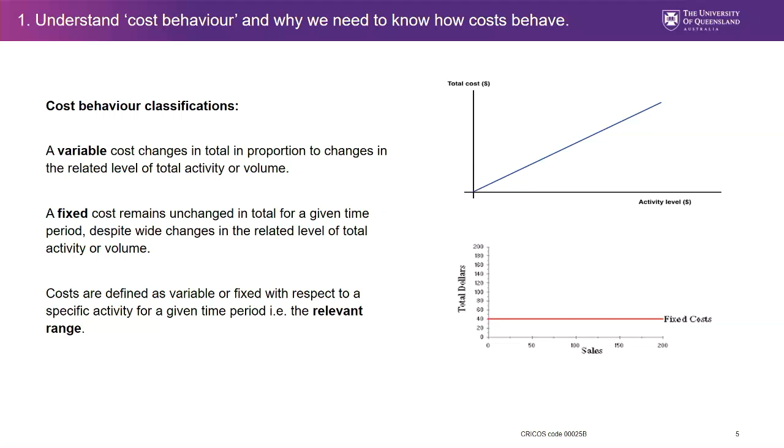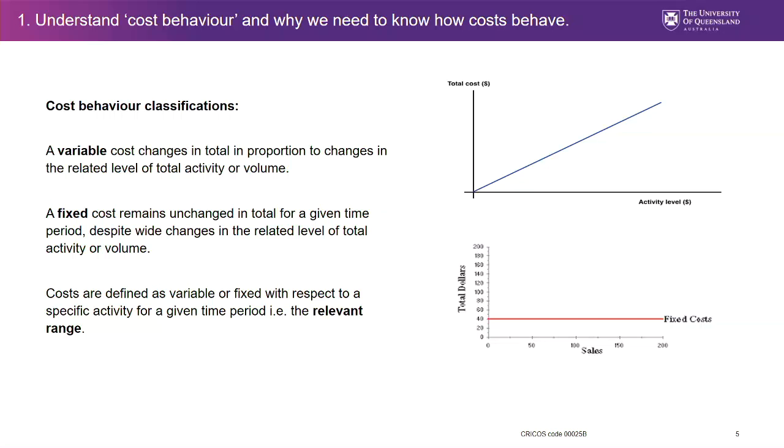So variable costs in total, and that's very important, increase with the units of activity, whereas a fixed cost remains unchanged. It's constant in total for a relevant range of activity. So in this graph, the range is from 0 to 200. The total fixed cost remains constant.